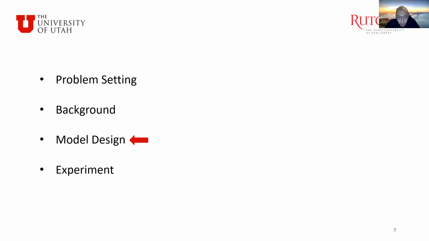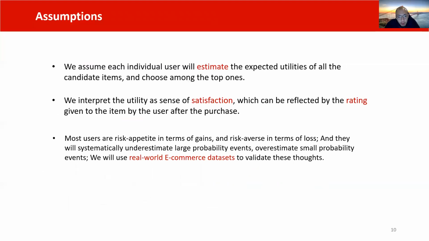So now let's talk about the model. We make several major assumptions. First, we assume that each individual user will estimate the expected utilities of the candidate items and choose among the top ones. We interpret the utility as a sense of satisfaction, which can be reflected by the rating given to the item after the transaction.